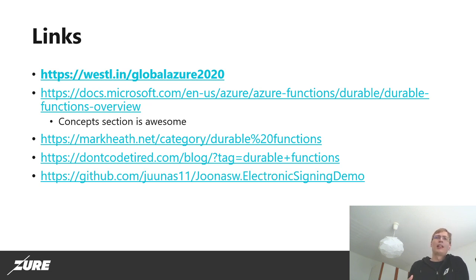For high availability, you may need to run a second function app in another region, for example, so if a region is down, you can run your workflows in the other one. And as for performance as well, which kind of relates to that, by default, durable functions will use the same storage account as the Azure function.